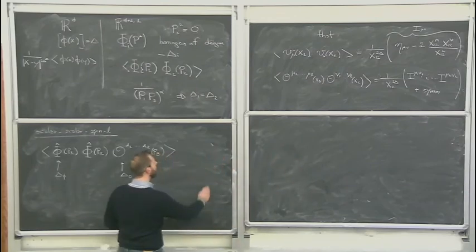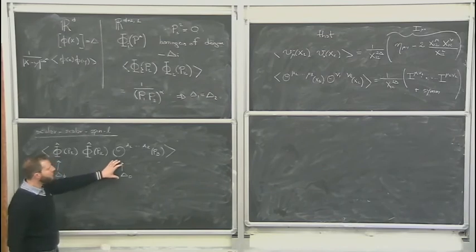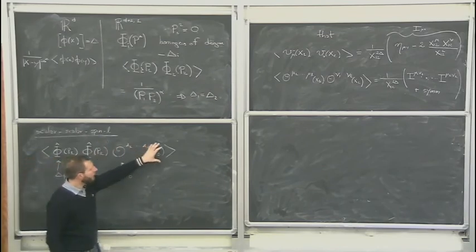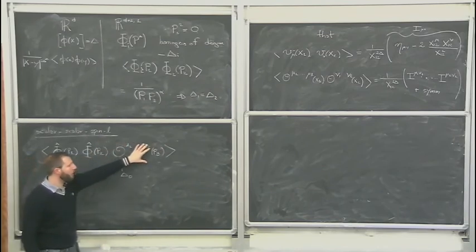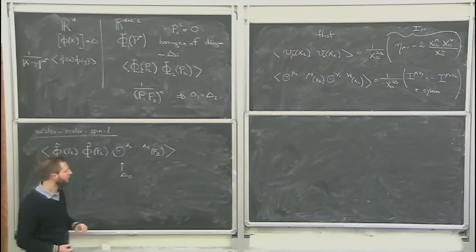And also you have indices around, so it might be slightly complicated. So one trick to do this is, instead of working with operators which have open indices, it's convenient to contract all the indices with some polarization.